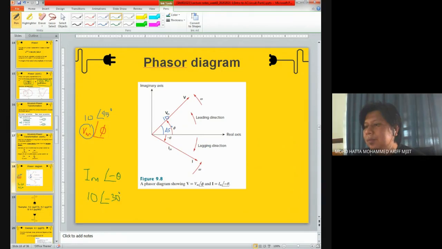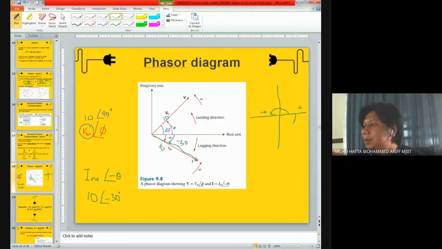So 10 is the length of this line, and negative 30 is the angle from the real axis in the clockwise direction. If you look at your Argand diagram, this is known as an Argand diagram. From here, it is a positive angle. From here up until here, this is still a positive angle.